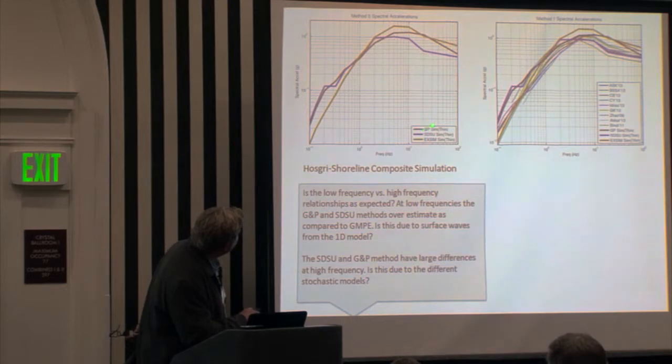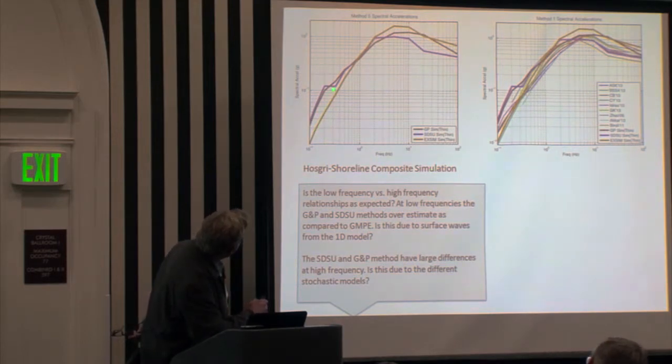And so this is looking at what are referred to as GNP simulation thin model, SDSU thin model, XSIM thin model. Okay, so these are GMPs, function of frequency, spectral acceleration. And one thing you can see is that the two hybrid approaches are very similar at low frequencies. They should be.